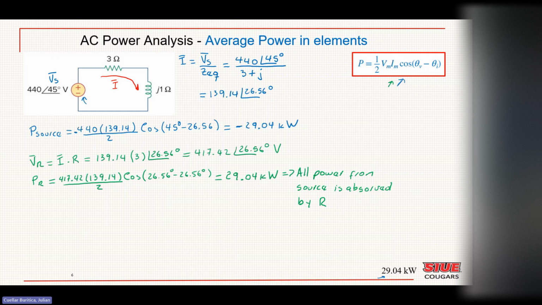Then, if we compute the power on this inductor, we'll see that the difference of angle within the current and the voltage is going to be 90 degrees. And because the cosine of 90 degrees is 0, the power on the inductor is going to be 0. All the power is consumed by the resistor. All right? Okay.